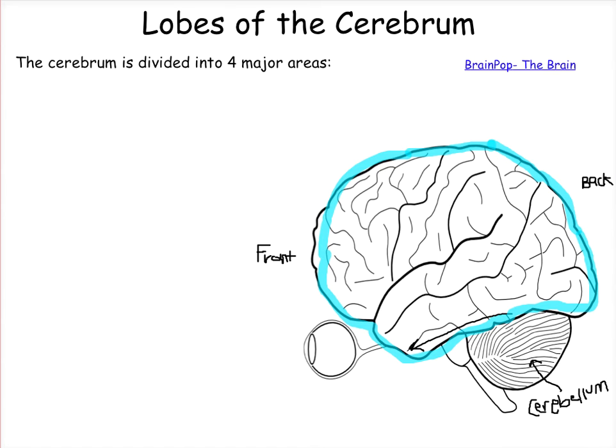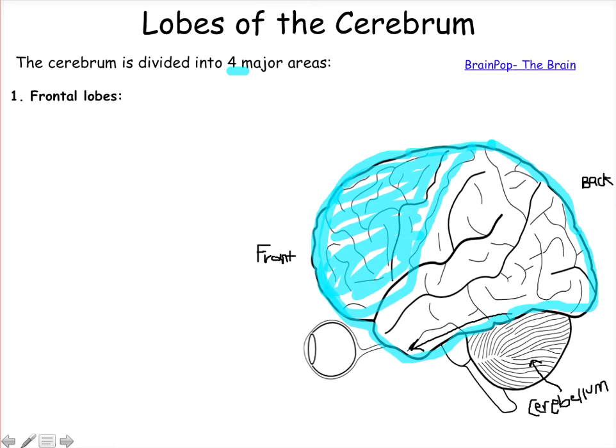Okay, the cerebrum is made of 4 major areas. The first are the frontal lobes. The frontal lobes are here, in the front of the brain.